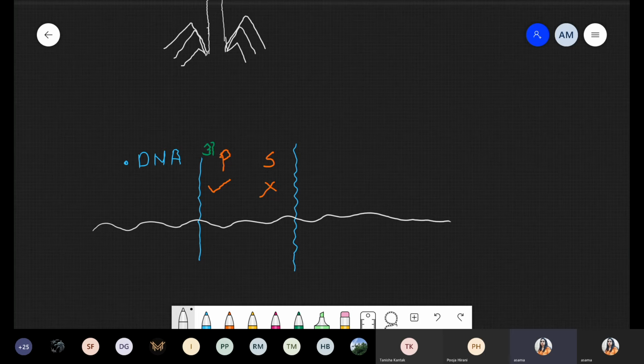But now what happened? For the experiment, scientists Hershey and Chase used radioactive isotopes. So we are talking about some examples of radioactive isotopes used by scientists Hershey and Chase. Normally, as we just discussed, DNA consists of phosphate, but sulfur is totally absent in DNA.